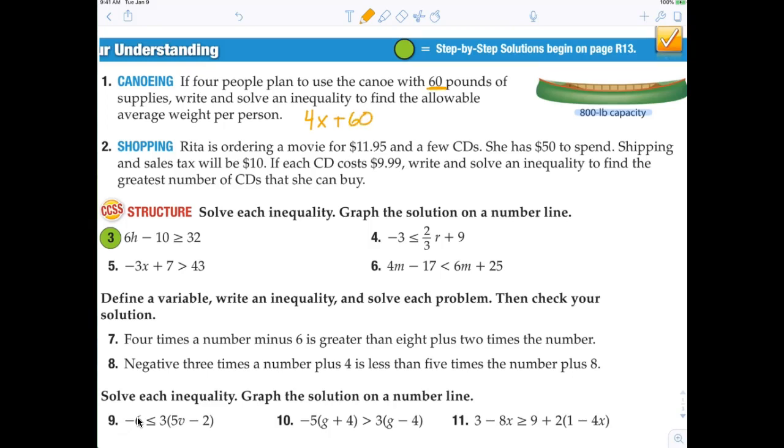That's the amount of pounds that are in the boat right now. And that has to be what? It doesn't have to be equal to 800. It has to be less than or equal to 800.